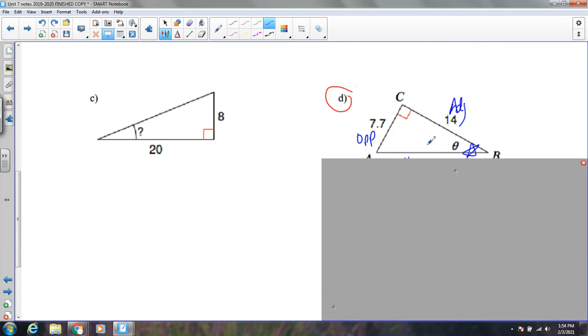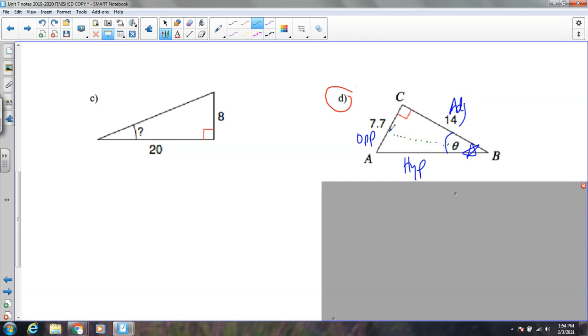There's my reference angle at B. So there's my angle I'm looking for. That means B is my reference angle. I don't have anything about my hypotenuse. I know the opposite is the one over here. Be really careful. A lot of times people just look at this and automatically assume that first angle they see is the reference angle. But in this case, this is my reference angle here. So the opposite is the 7.7. The adjacent is the 14.